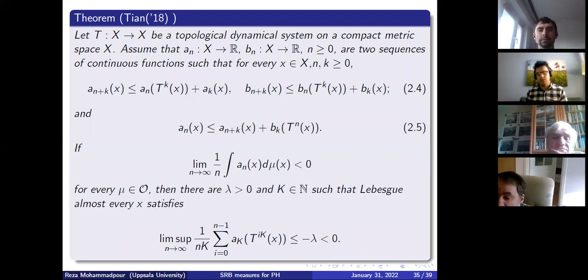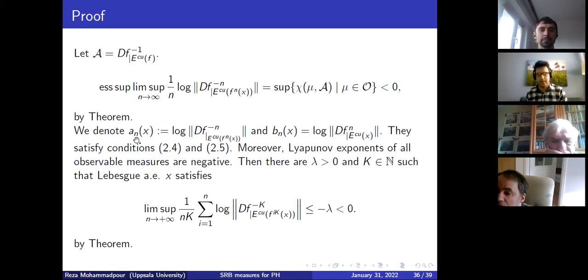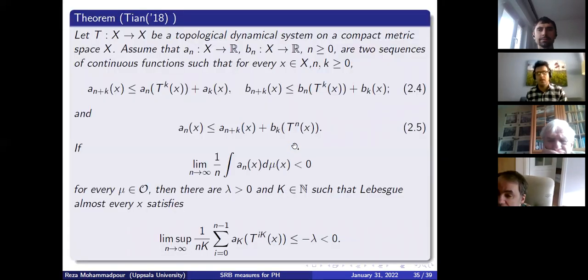B doesn't appear any further; it is the condition for A. In the theorem of Tian, the working thing is A, and the existence of B is the assumption on A. Yes, exactly, we essentially don't need B. In general, A plays the important role.